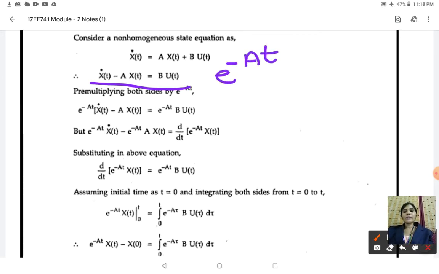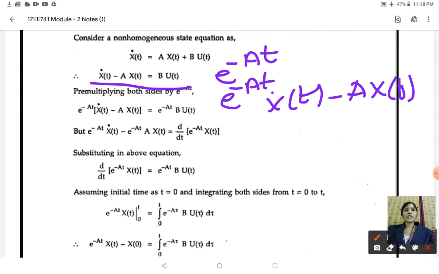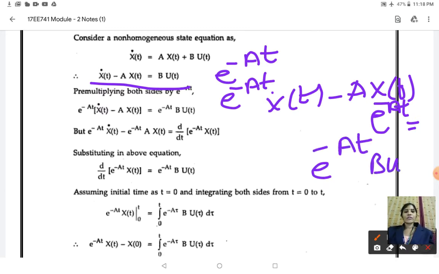When you multiply this equation by e to the power of minus at on both sides, you will get e to the power of minus at into x dot of t minus a x of t into e to the power of minus at, which is equal to e to the power of minus at b into u of t.